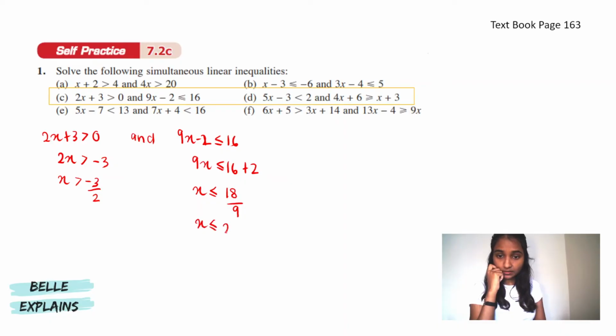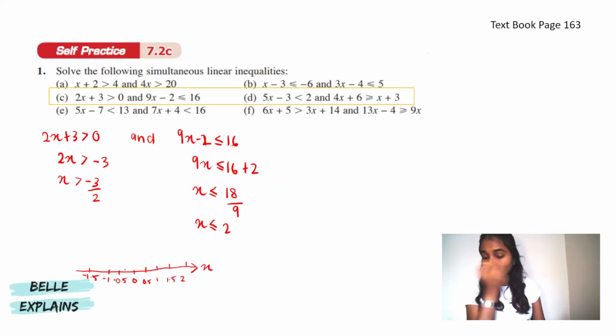This is 2. Okay, so let's draw our line. This is x. We're using 1.5 because negative 3 over 2 is negative 1.5.